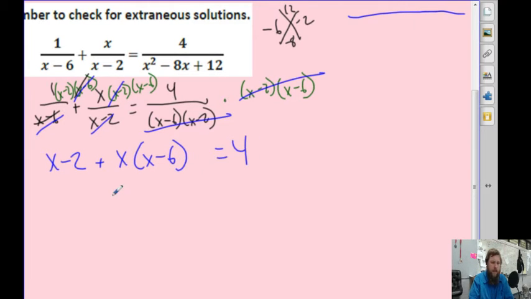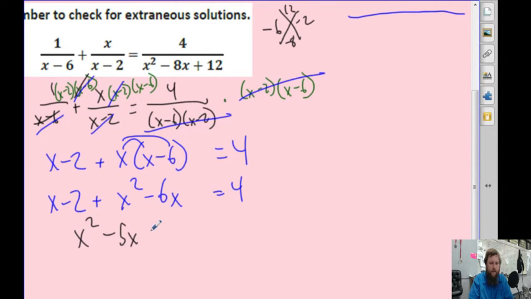Distributing this x, I get x minus 2 plus x squared minus 6x equals 4. Combining like terms, I'll get x squared, 1x minus 6x is minus 5x, minus 2 equals 4. When you see a quadratic, think quadratic equation factoring, so I'm going to subtract 4 on both sides.